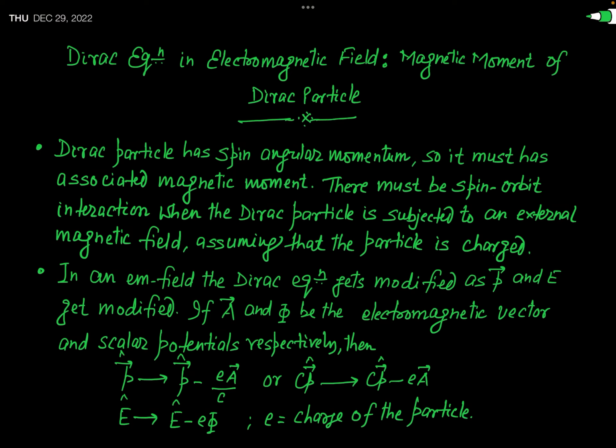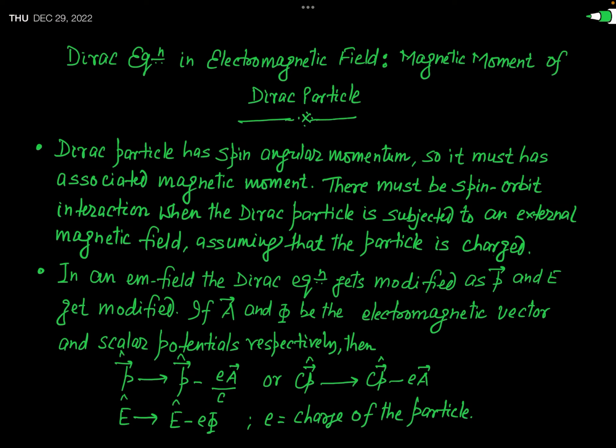And you know, whenever a magnetic dipole is placed in an external magnetic field, there is an interaction between the dipole and the external field, and magnetic energy is developed in it. And that energy level is affected due to the spin orbit interaction.